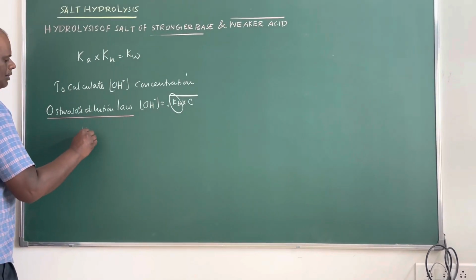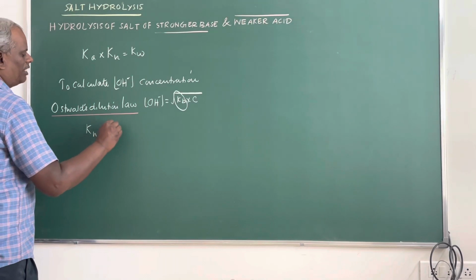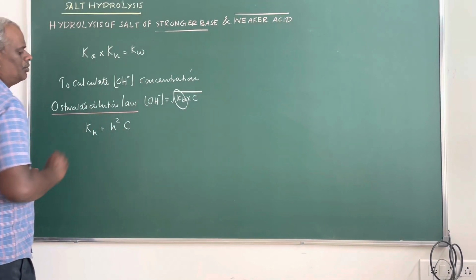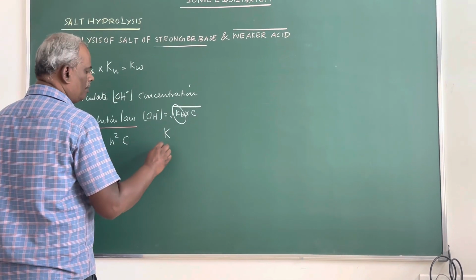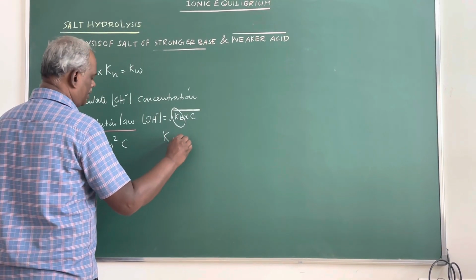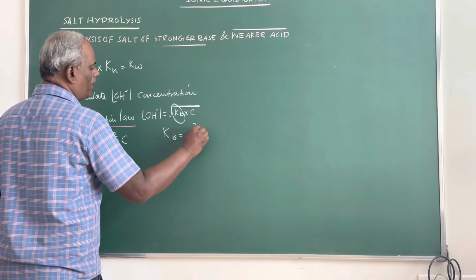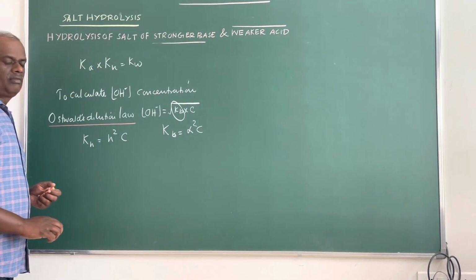According to that, KH is equal to h square into C. According to Ostwald's dilution law, we know that Kb is equal to alpha square into C.